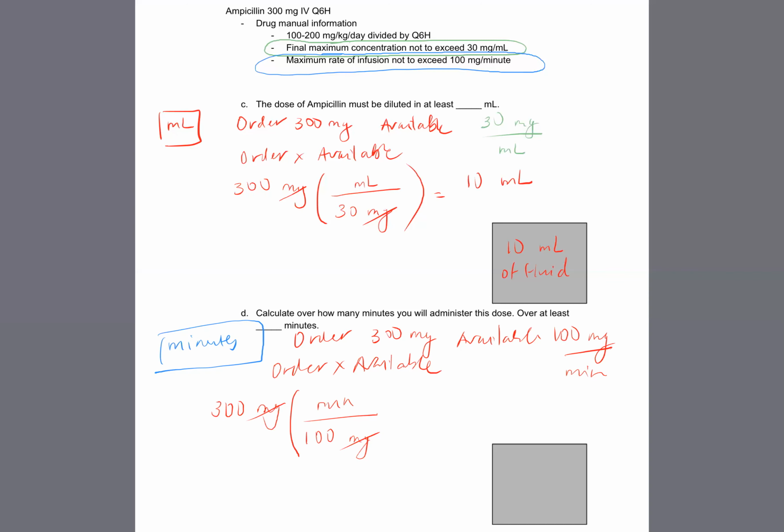Minute on the top, and you get 3 minutes as the answer for part D. So that means when you are administering the 300 milligrams of ampicillin every 6 hours, you're going to go ahead and push this medication diluted in 10 mLs of fluid, and you're going to push it at least over 3 minutes, and that's the fastest that you can give the medication.